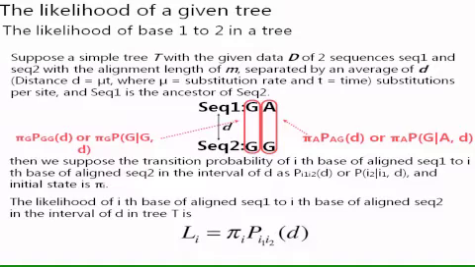So this is the likelihood for these two sites. And the likelihood that we observe the alignment for both sites, we just multiply them together. So it would be this likelihood times that. That would be the total likelihood for the alignment.